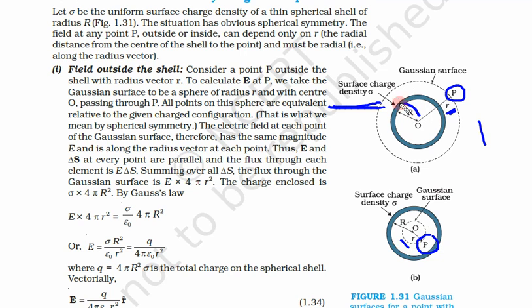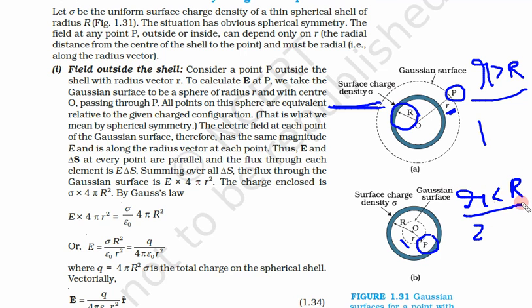The radius of this spherical shell is capital R. The first case is small r greater than capital R, that means the point is outside the shell. In the second case, small r is smaller than capital R, that means the point is inside the sphere.